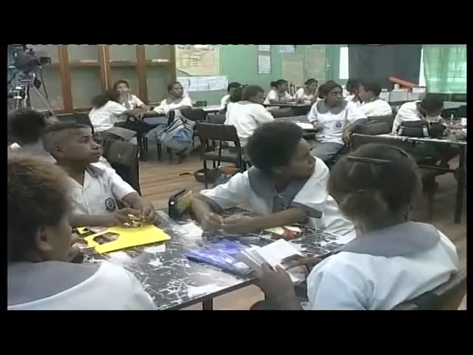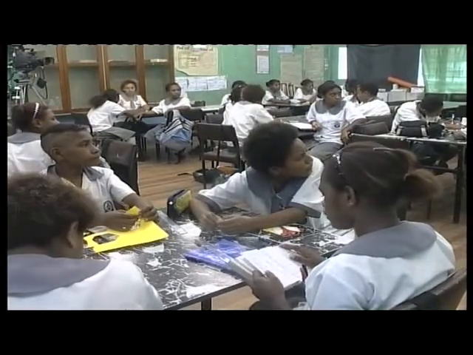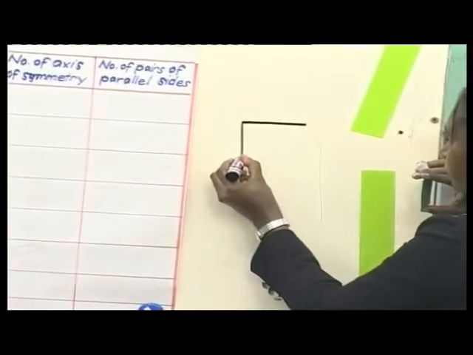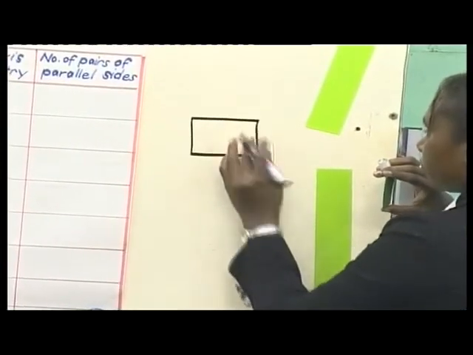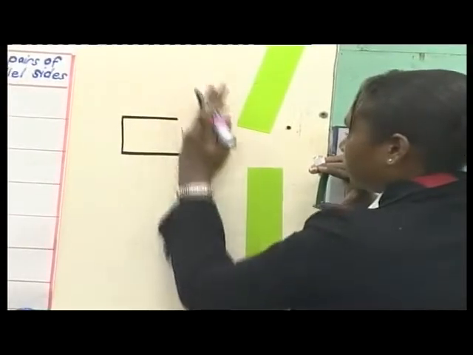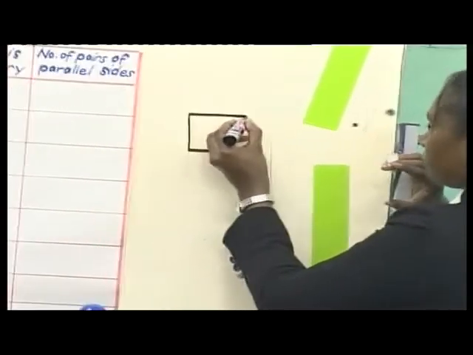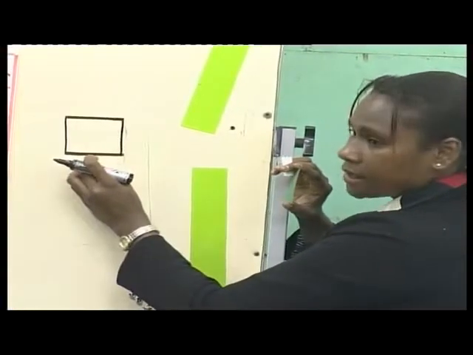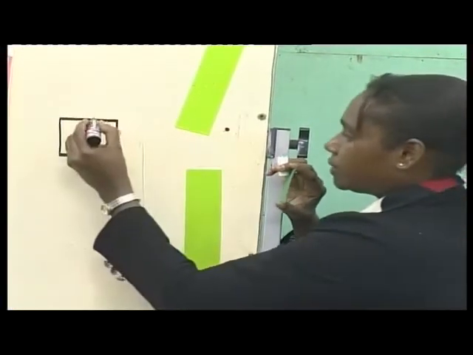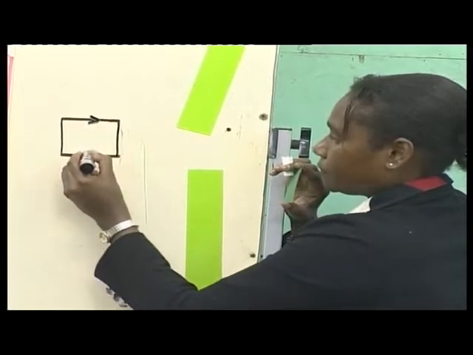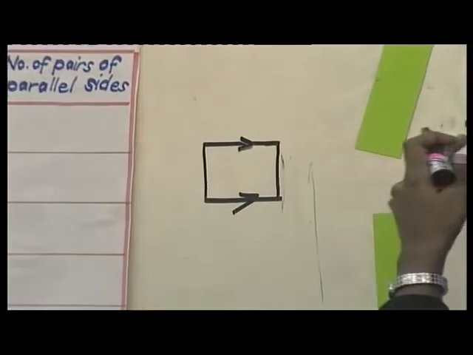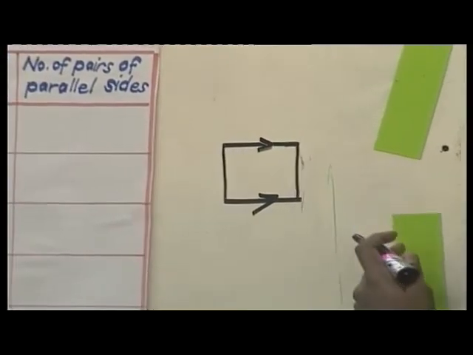Okay, I will just clearly show that on the board so that those students who are still confused can see. We have the square, okay, we have these two lines coming in this direction. These two lines will not meet. They will just continue. That is what we mean by parallel lines.